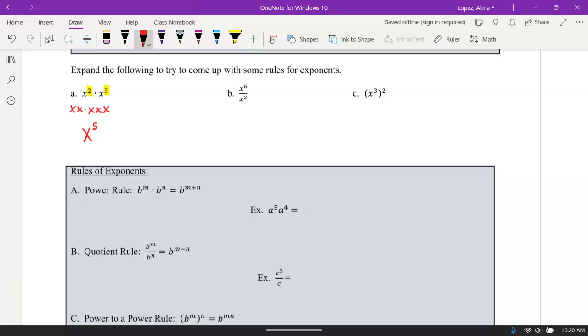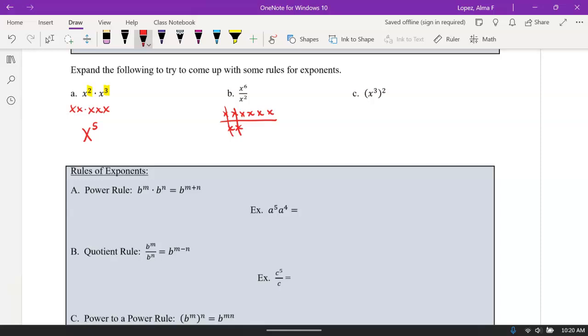For this next one, if I had 6 x's on the top of our quotient, and you have 2 x's on the bottom of our quotient, with fractions, we're allowed to reduce one factor on the top with one factor on the bottom that are like. And in this case, there are 2 of them.